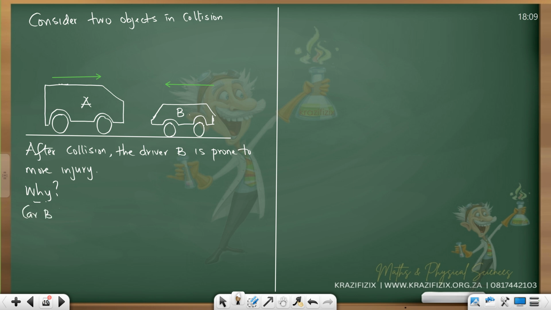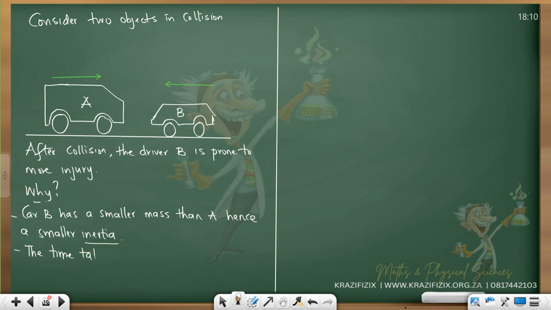Car B has a smaller mass than A, hence a smaller inertia. I hope you remember what inertia is. All right, the property of an object to resist change. So car B has a smaller mass than A, right?